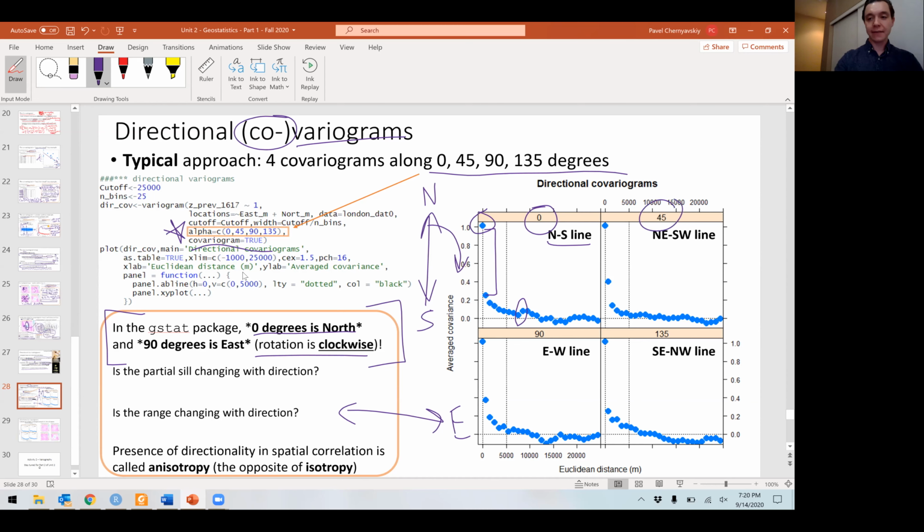That means 45 degrees, we start here and we rotate by 45 degrees. So this is, of course, our northeast-southwest line. Here is the sill. Here is the nugget. Notice it's a little bit smaller than the nugget in the north-south direction.